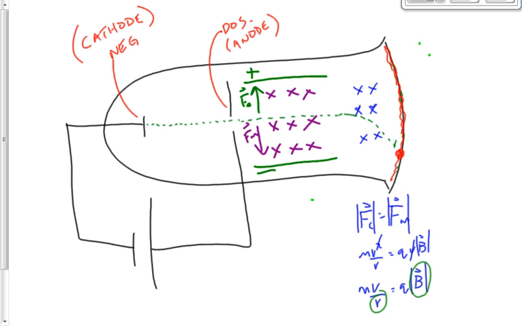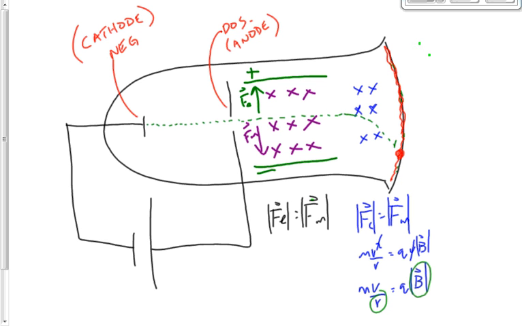But for the particles that are going just the right speed, and only one particular speed, we can say that the upward electric force is equal to the downward magnetic force. Only for certain particles. Most of them, that's not going to be the case.